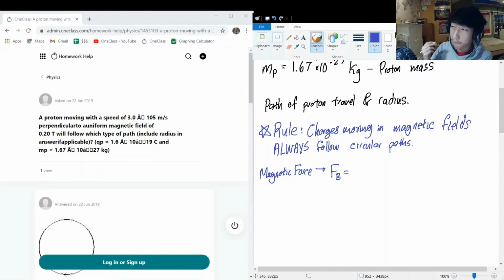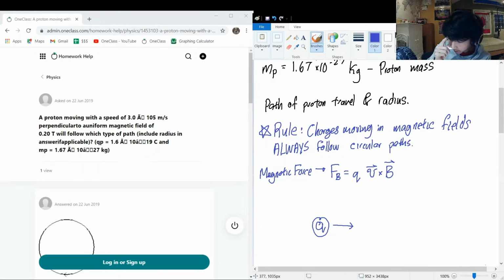The magnetic force on a charge is the result of the charge itself multiplied by the cross product of velocity with the B field, which is the magnetic field. Suppose that we have a charge like this. Let's call that Q, and it's going this way.